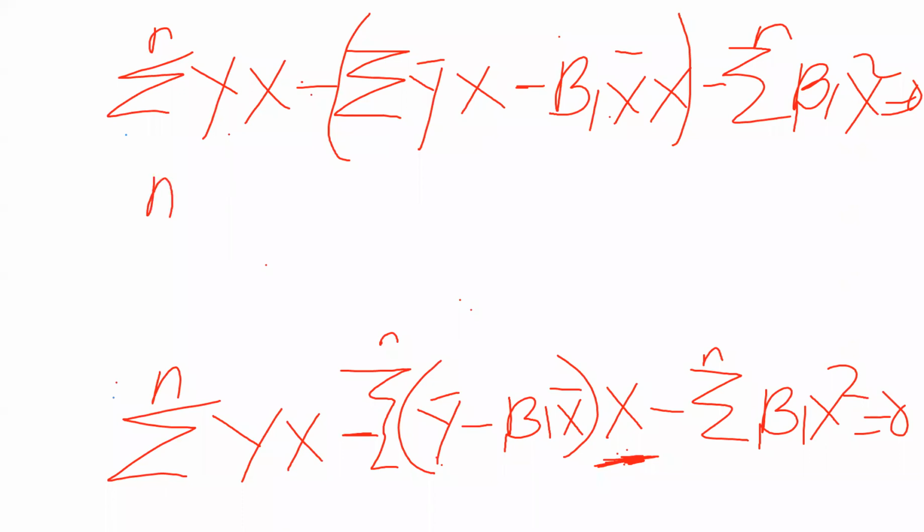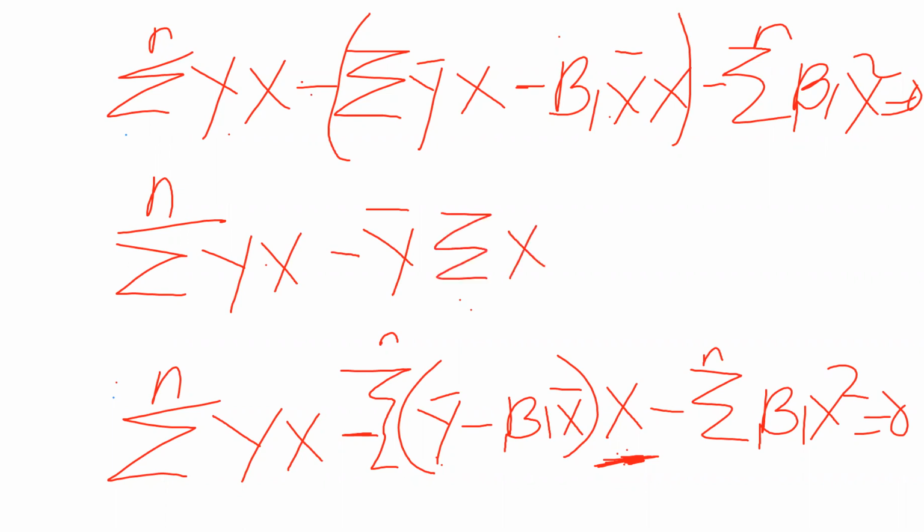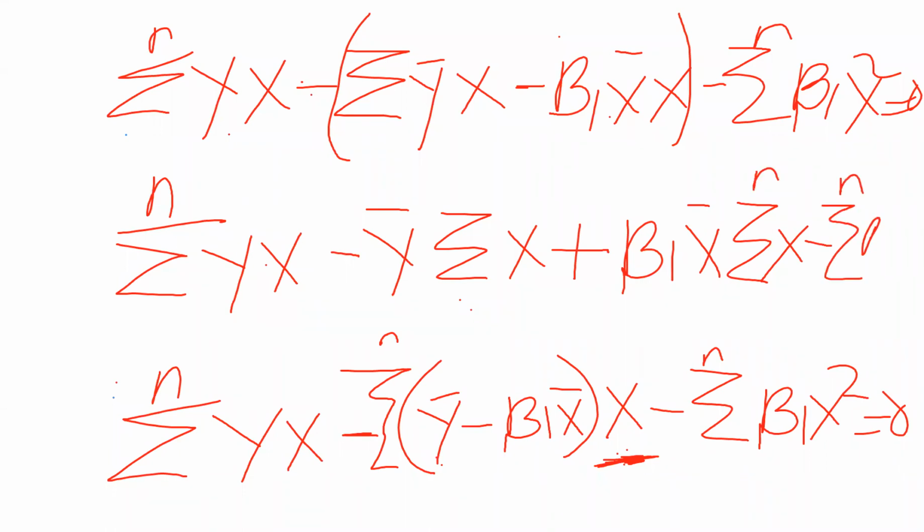So you have n, the summation of yx minus y bar, the summation of x, because this is multiplication, plus beta 1 x bar, these are constants, the summation of x minus c, there's n of course, the summation of n beta 1 x squared, all that equal to 0.